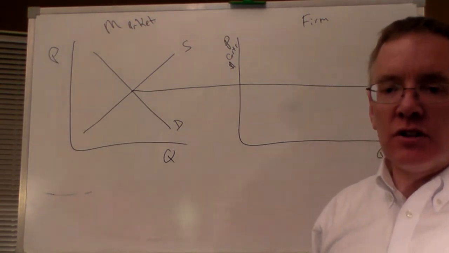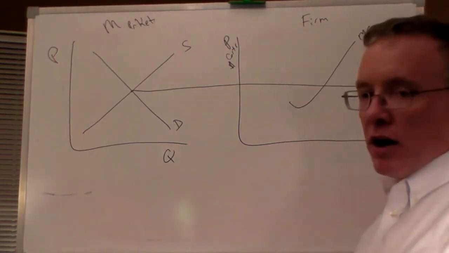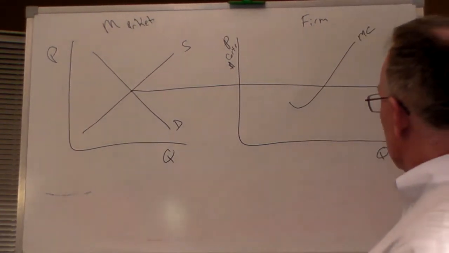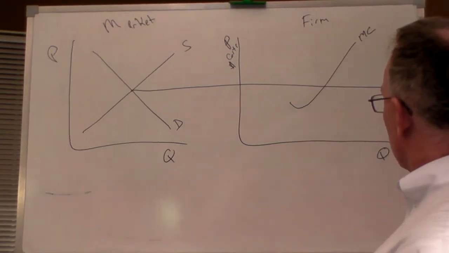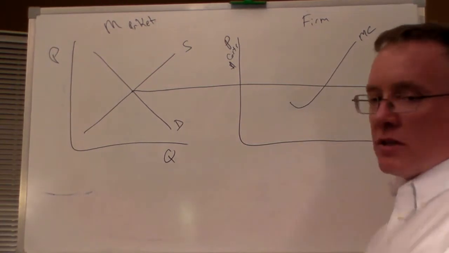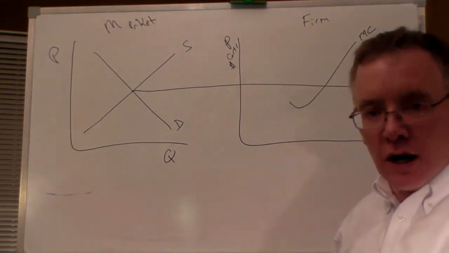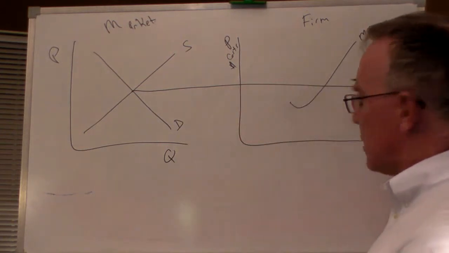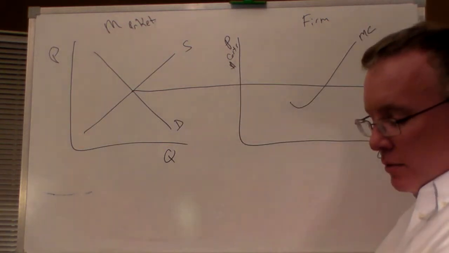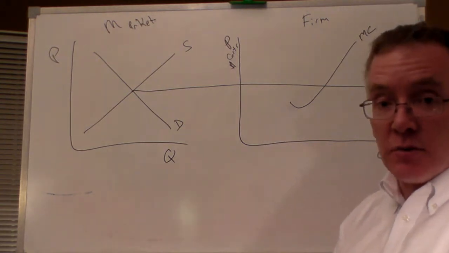And of course, it's going to choose that quantity based on where the marginal cost hits the price. Remember, the price is, in effect, the firm's demand curve, is the firm's marginal revenue curve, is actually also the firm's average revenue curve, because as the quantity changes along this price, the marginal revenue does not change. The firm just gets the price.